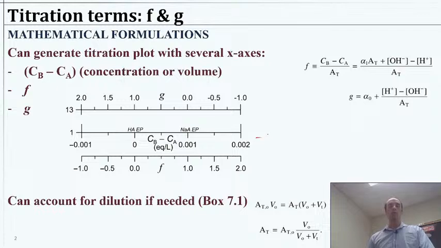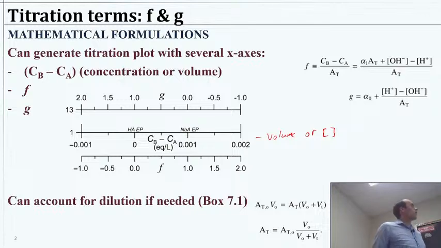We could put this into volume terms instead if we wanted to, or this concentration, equivalents per liter. Either one's possible, and if we go to the volume, maybe that makes it a little more practical so we can relate exactly what we did in the lab to what's going on here.